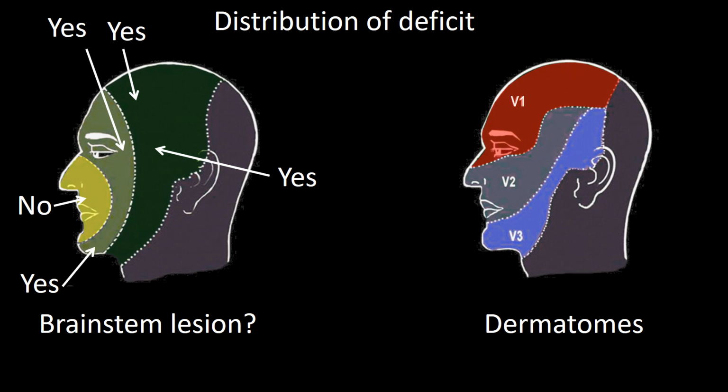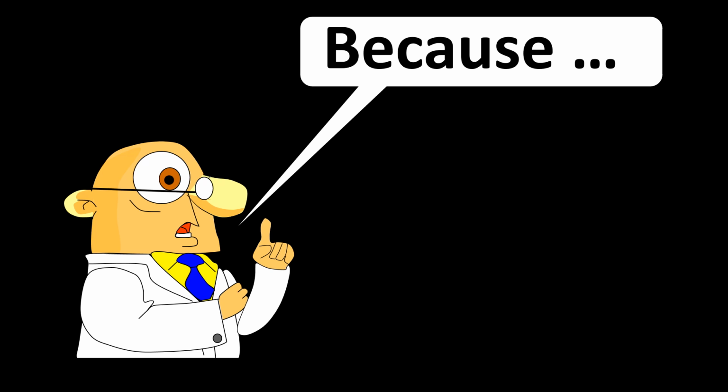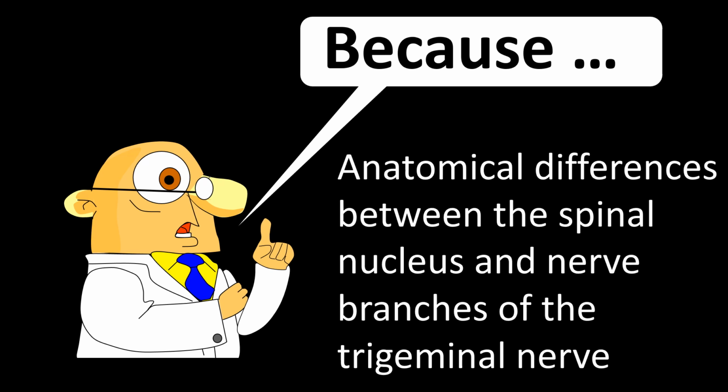On the other hand, abnormal sensation in V3 with normal sensation elsewhere, that is sensory abnormalities restricted to the third branch of the trigeminal nerve, suggests a peripheral lesion. Why is it so? Because of the anatomical differences between the spinal nucleus and the nerve branches of the trigeminal nerve.